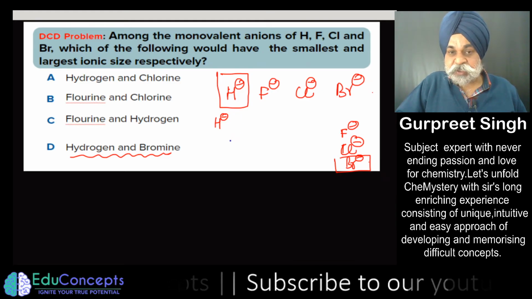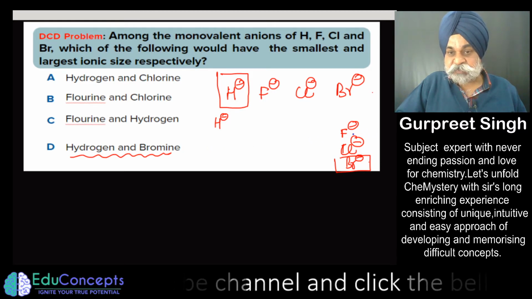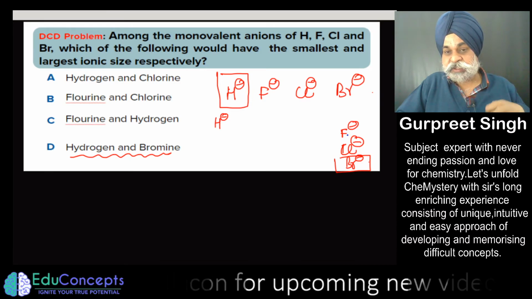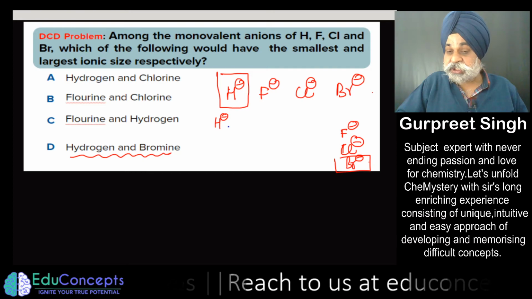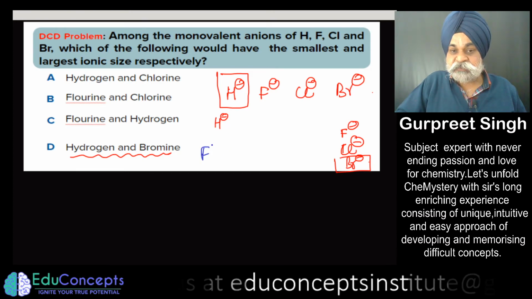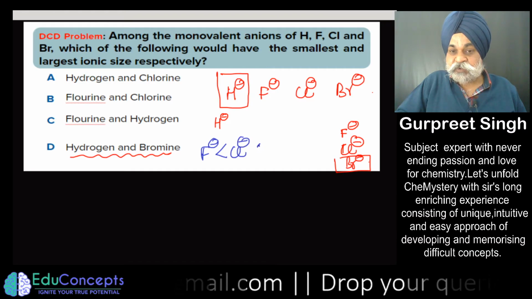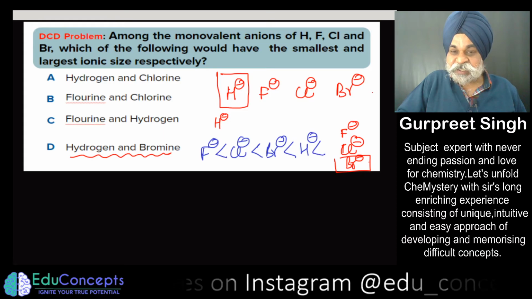So we happen to say that the size goes this way: when an electron is added to fluorine, it has been seen that F negative has the smallest size, followed by Cl negative, followed by Br negative, followed by H negative, and then I negative.